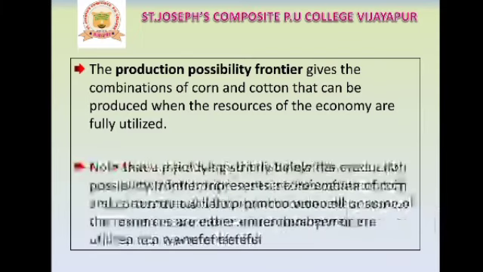Note that a point lying strictly below the production possibility frontier represents a combination of corn and cotton that will be produced when all or some of the resources are either underemployed or are utilized in a wasteful fashion.